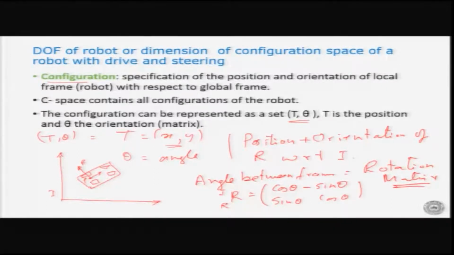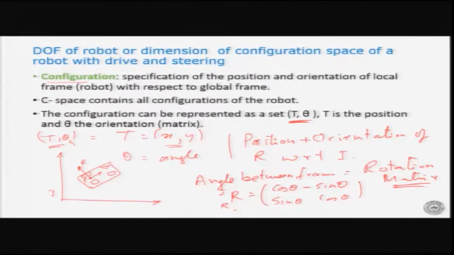So please note here very carefully that when we said t and theta are the configuration variables, t is simply x y, whereas theta is actually the rotation matrix. So the configuration can be represented by a set of t and theta, where t is the position and theta is the orientation, which is a matrix. Both of these t and theta make up the position and orientation of this car with respect to the global frame. So once we know R, because you know what is theta, then we can go in either direction.